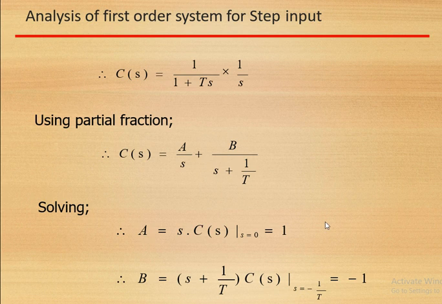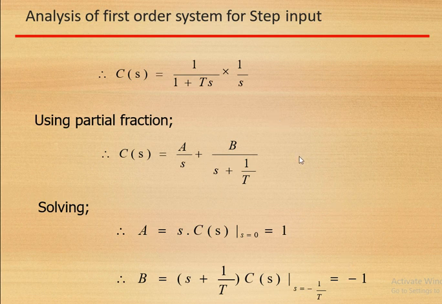If you don't know the partial fraction method, we will discuss the solution after this lecture. Don't worry, just see that A is equal to 1 and B is equal to -1.